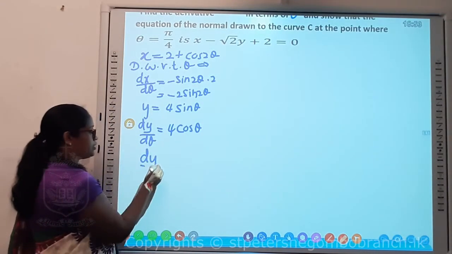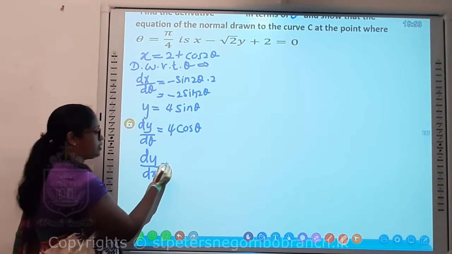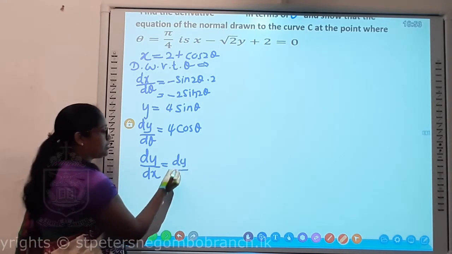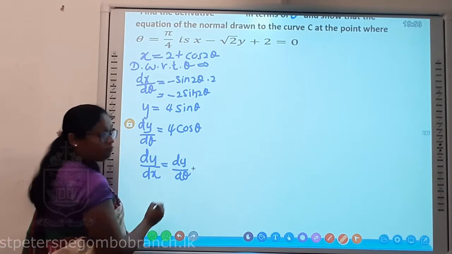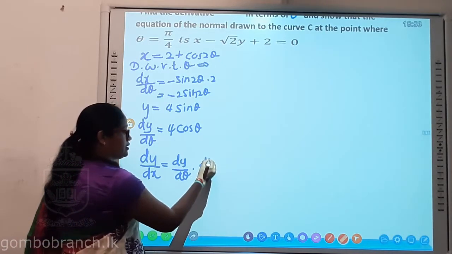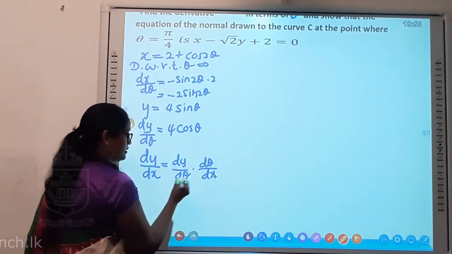dy over dx is equal to dy over d theta times, we apply the chain rule here, d theta over dx, right?